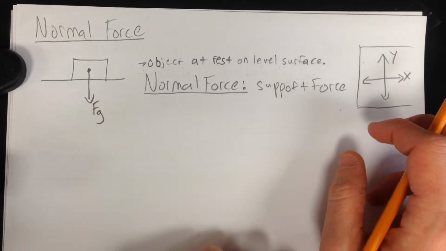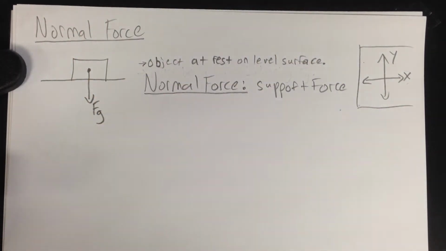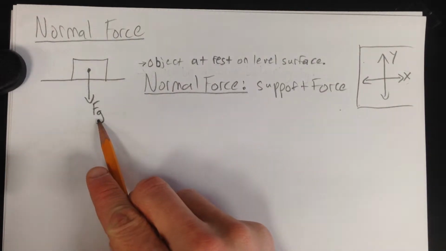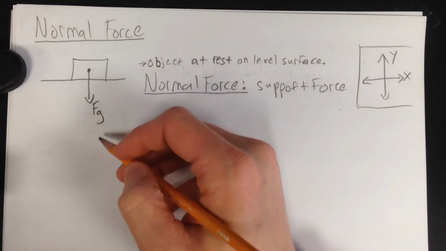Alright, so gravity pulls something down that's sitting on a surface, but if that was the only force on an object that's sitting on a table, what would that object do? Well, right now gravity is unbalanced. So if that was the only force on an object which sits on a table, then the object would accelerate down.